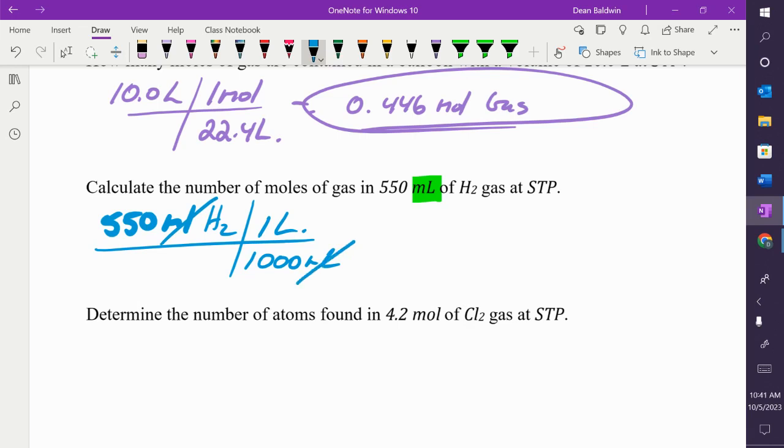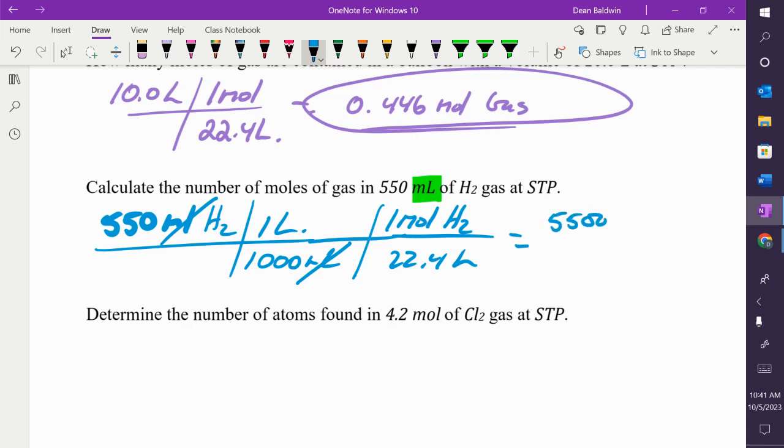So milliliters cancels. Now our units are liters. How do I go from liters to moles? What's the conversion? 22.4 liters in 1 mole. So 1 mole of H2 is 22.4 liters. Multiply across the top, you get 550.